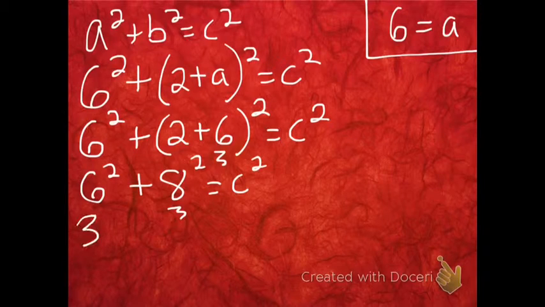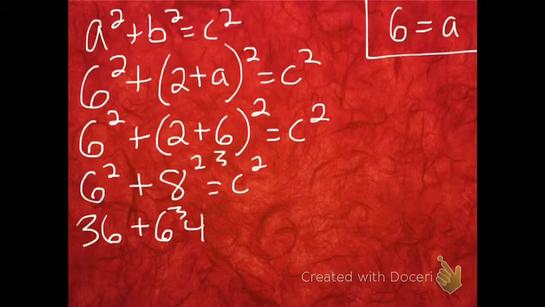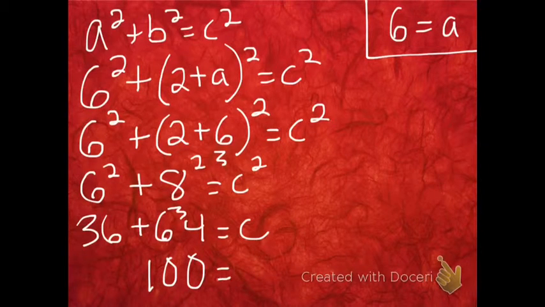So, it becomes 6 squared plus 8 squared equals c squared. The next step becomes solving the squares. So that means that 36 plus 64 equals c squared. That becomes 100 equals c squared.